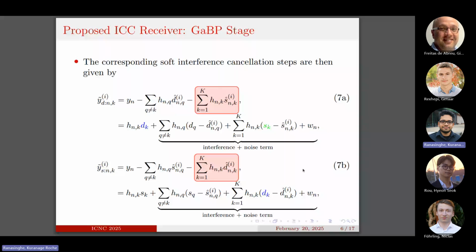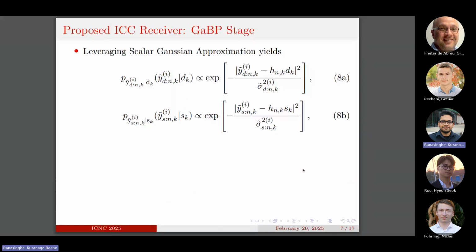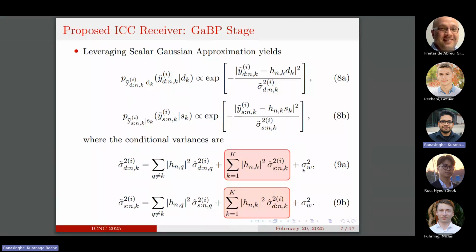We can now leverage scalar Gaussian approximation to approximate that soft interference cancellation as some noise, and we can calculate the conditional variances as given in equation 9. As you can see here, each signal also takes into account the variance of the other signal. So for example, in equation 9a, you can see how the computing signal variance is also used in the computation of the conditional variance of the data, and vice versa.